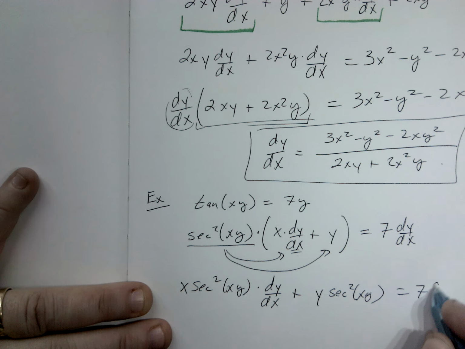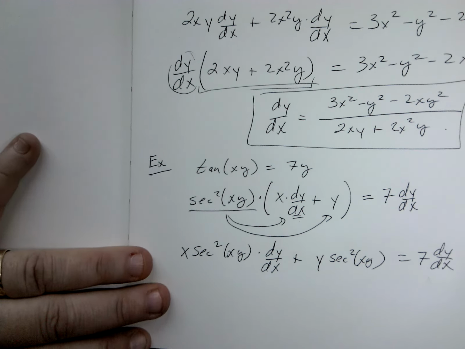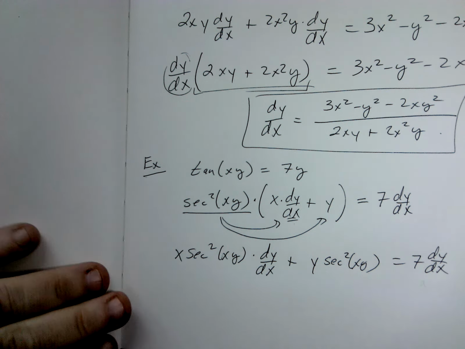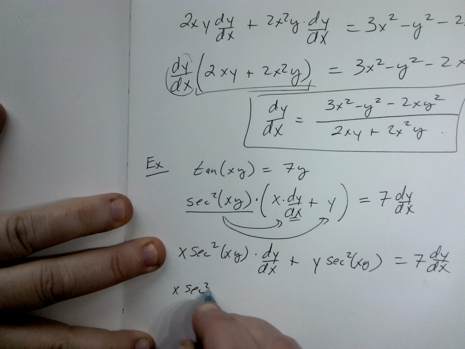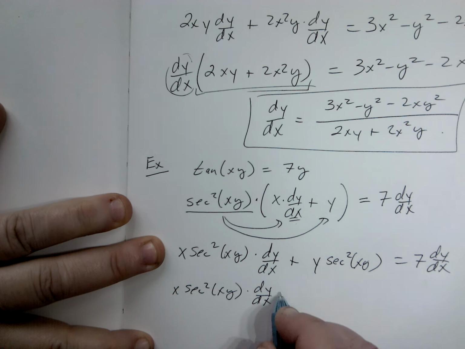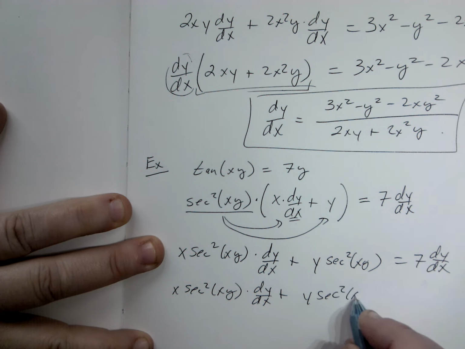And then just copy this over. Now all my dy/dx's are free and out and about, so I'm going to make sure all my dy/dx terms are on the left and everything else is on the right. So here I have x secant squared of xy times dy/dx plus y secant squared of xy.